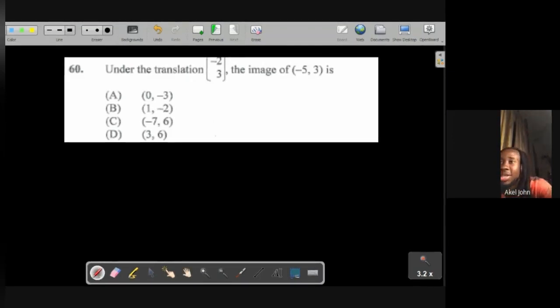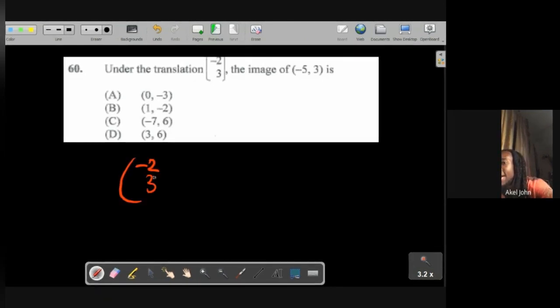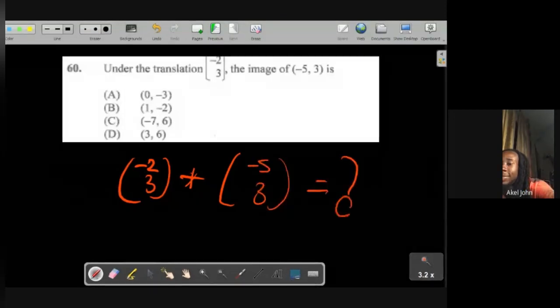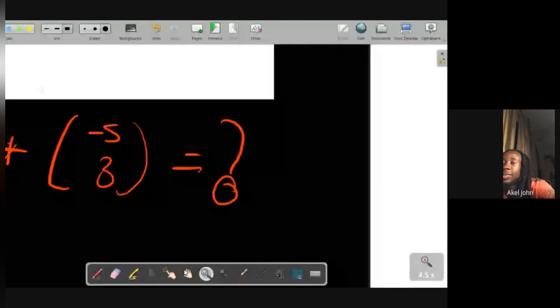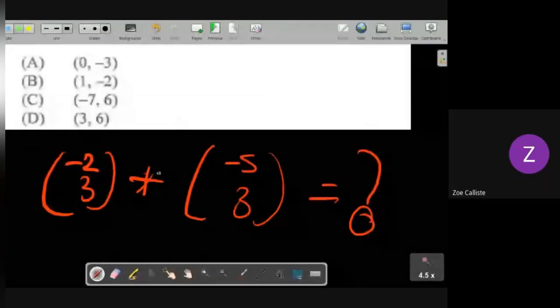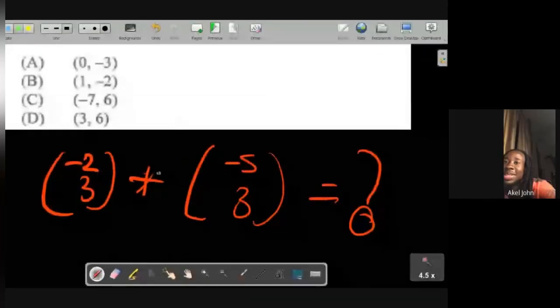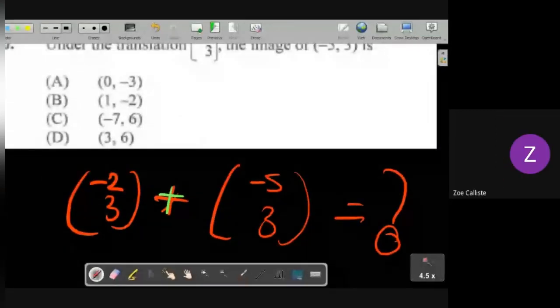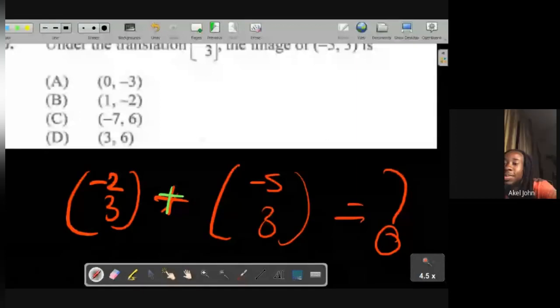Translation is a vector. So we have this vector called (-2, 3), and let's say it adds to (-5, 3). What are you going to get? -7. Which one of them has negative 7? C. There you go.